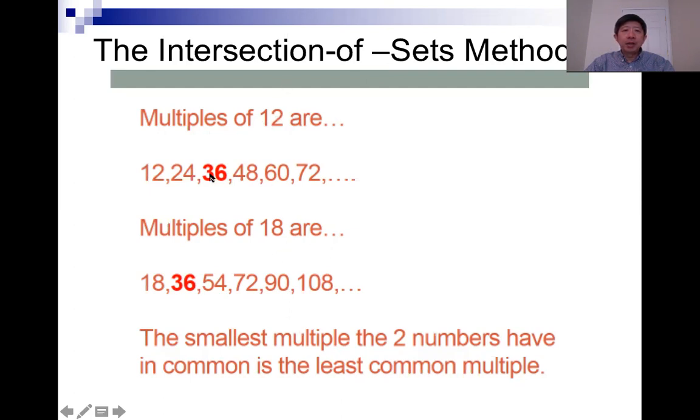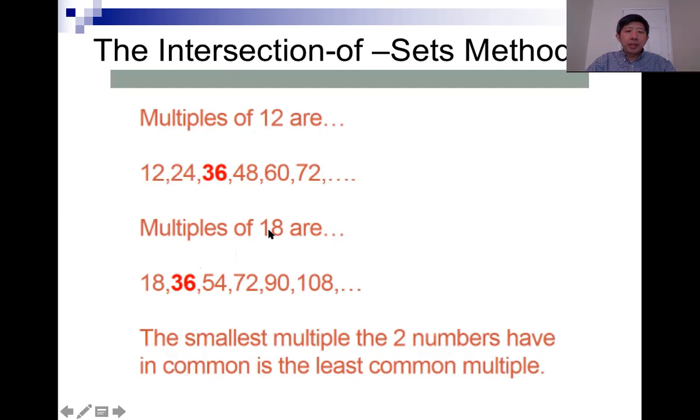So the multiples of 12: 12 times 1 is 12, times 2 is 24, times 3 is 36, times 4 is 48, times 5 is 60, times 6 is 72, and so on, okay? Usually I will list at least 5 of them, and then next I will list another 5 of them to see if I can find the LCM.